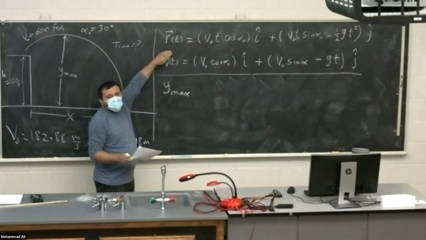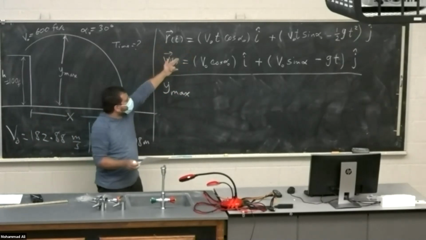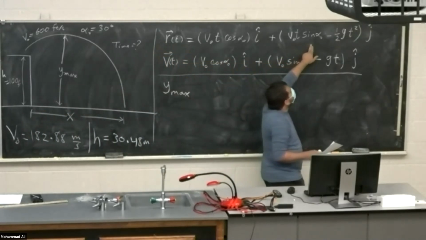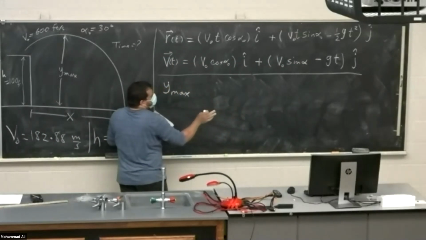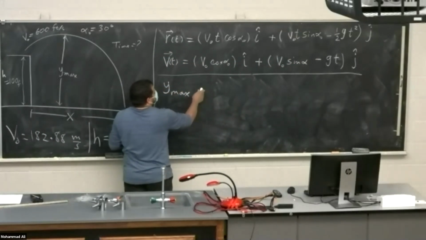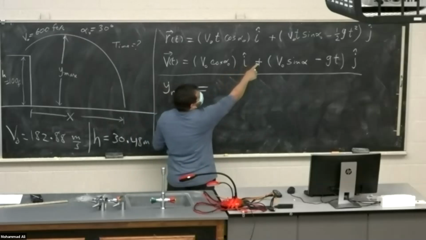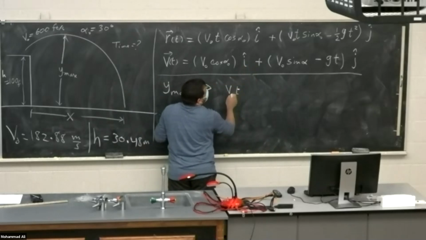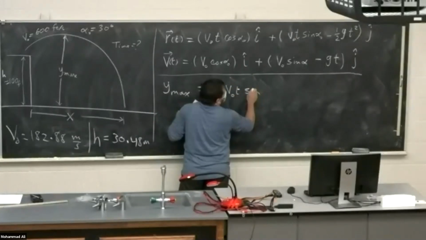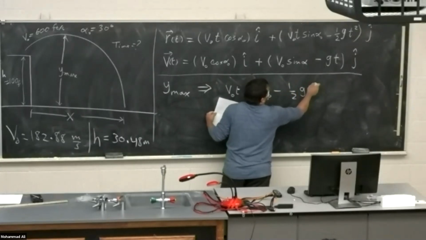I am not dealing with velocity, I'm talking about position, so I will use the position vector. This is y. For y max, I don't know how much it is yet. I need to use this: v naught t sine alpha naught minus 1 over 2 g t squared.